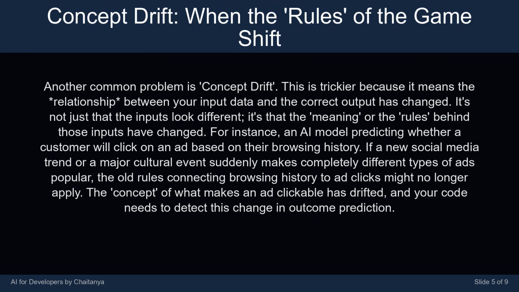If a new social media trend or a major cultural event suddenly makes completely different types of ads popular, the old rules connecting browsing history to ad clicks might no longer apply. The concept of what makes an ad clickable has drifted, and your code needs to detect this change in outcome prediction.